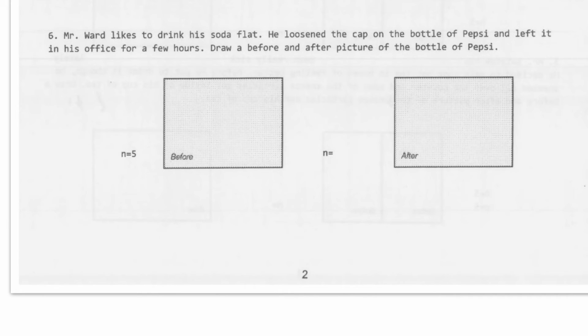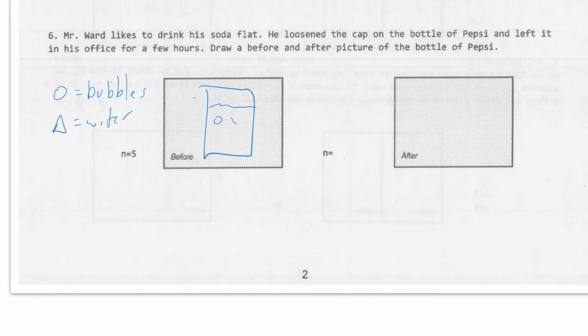Mr. Ward likes to drink his soda flat. He loosened the cap on a bottle of Pepsi and left it in his office for a few hours. Draw before and after. All right, so with this one, we know that he opened it. So initially, we've got a closed bottle, and in that bottle is some bubbles and some water.